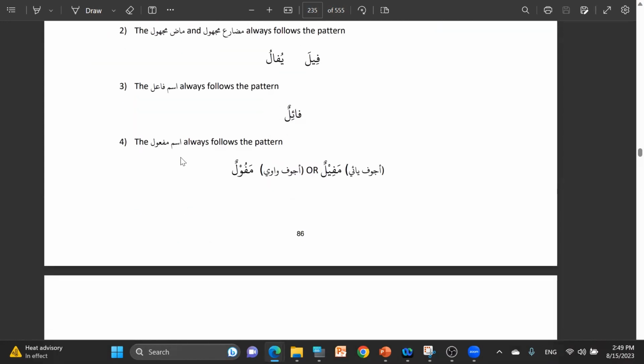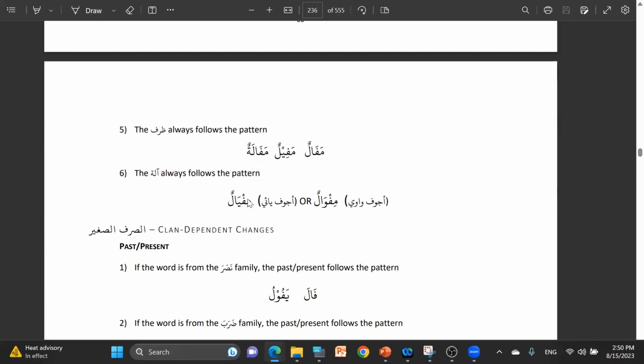Ism Maf'ul is on the pattern of mafilun for Ajwaf yai, and mafulun for Ajwaf wawi, so qawala has maqulun. Then in zarf you have the patterns mafalun, mafilun, mafalatun. And for ism alah you have mifwalun for Ajwaf wawi and mifyalun for Ajwaf yai.